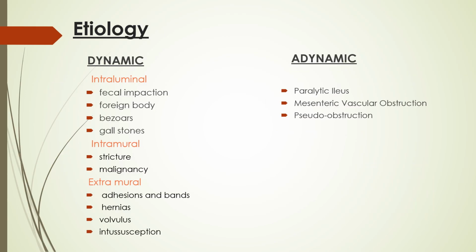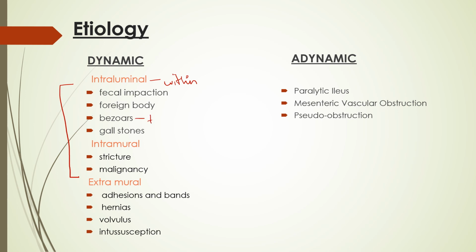Now let's focus on the etiology or causes of bowel obstruction. They're also divided into dynamic and adynamic causes. To simplify them a bit more, I further subdivided them into three subtypes: the intraluminal, intramural, and extramural causes. The intraluminal causes arise from within the intestine, for example, fecal impaction, foreign body, bezoars, and gallstones.